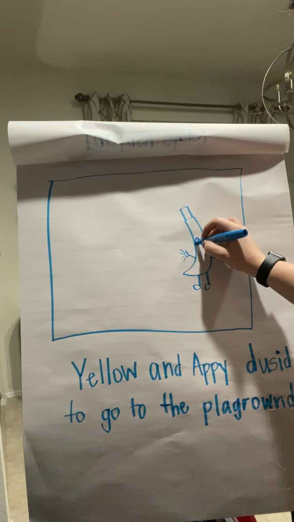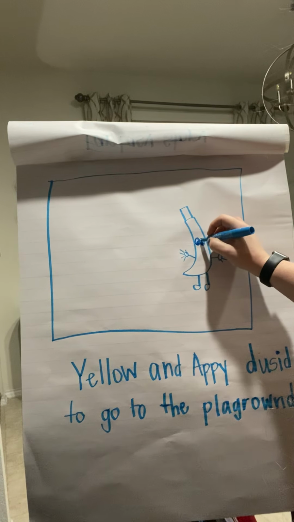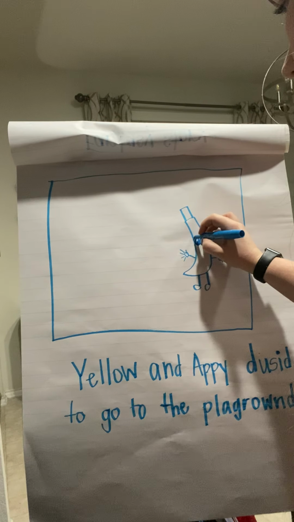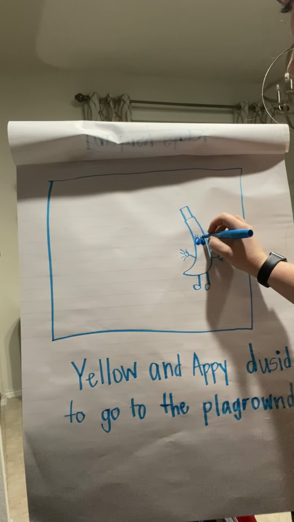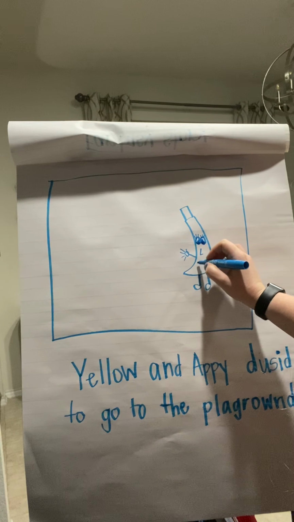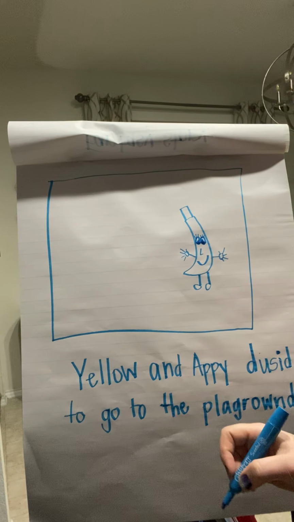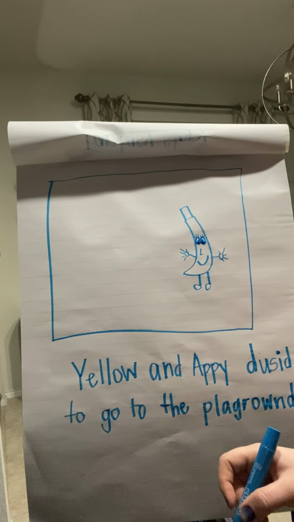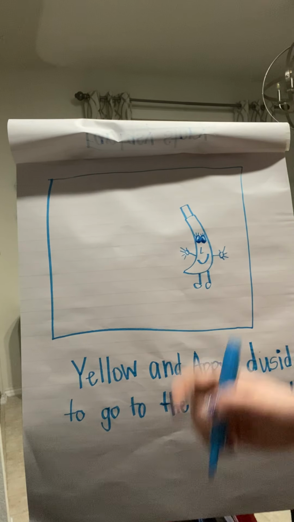Good. And we know that whenever it's a girl, we usually give her eyelashes, right? And then maybe a nose and a smile because they're happy right now. They are going to the park together, or the playground together.